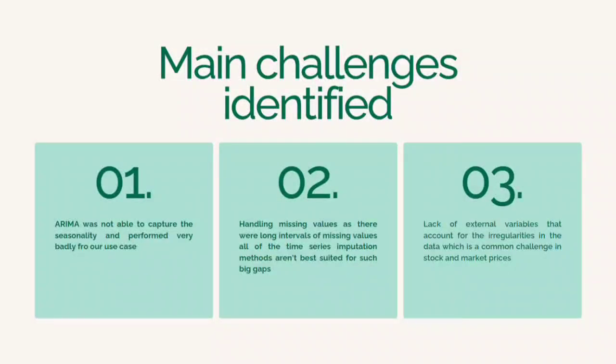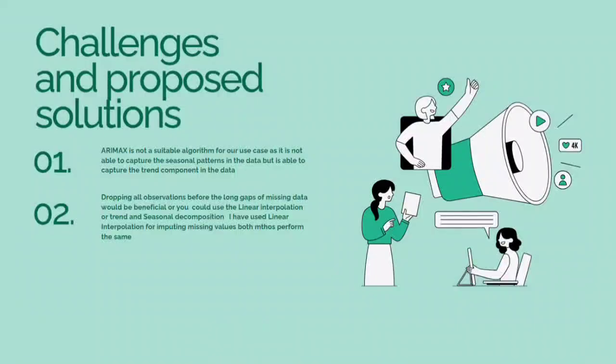Moving on, the challenges we faced were that ARIMA was not able to capture the seasonality in the data. There were a lot of missing values with a huge gap, and there were external variables that account for the irregularities in the data. ARIMA was not able to capture the seasonal patterns because it is not built for seasonal data.